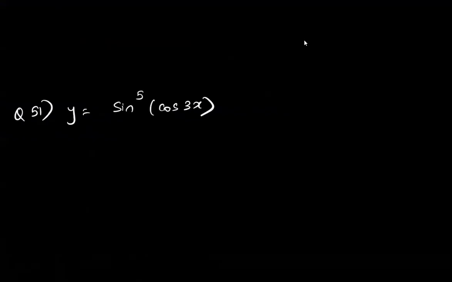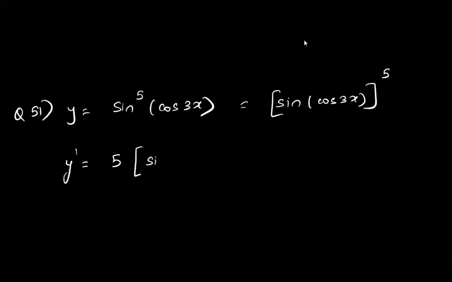Okay, so this one can be written as sine of cosine 3x, the whole thing to the power of 5. So when you take this derivative, the outermost function is this, right? So this is going to be the first outer function. Then when you go inside the inner function, that is also a chain rule. For that, the innermost, so if you are not yet comfortable doing all of this, you can split it up.